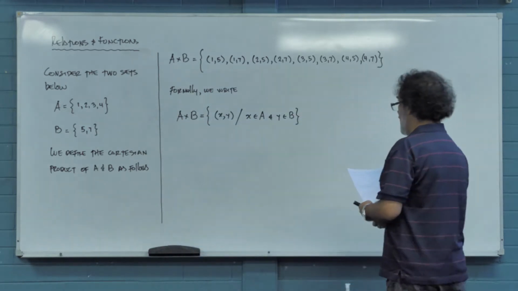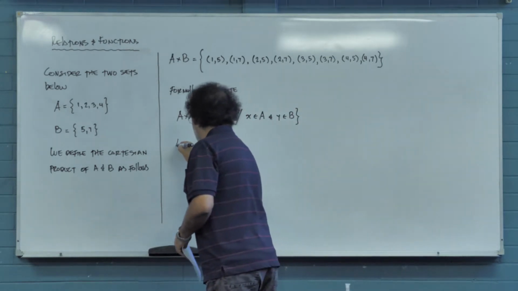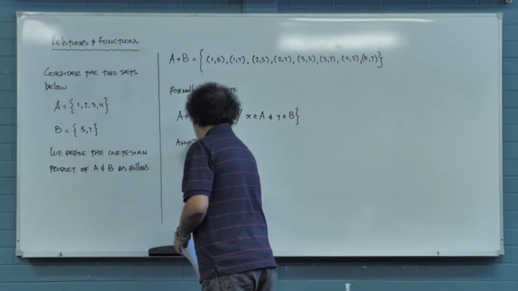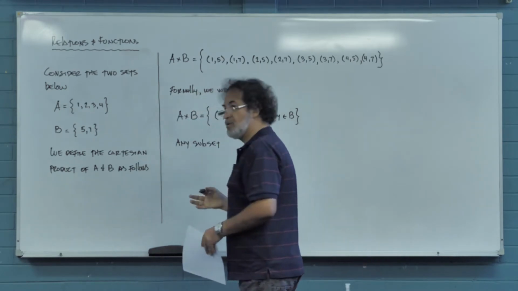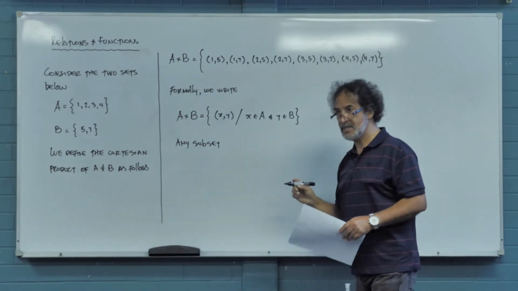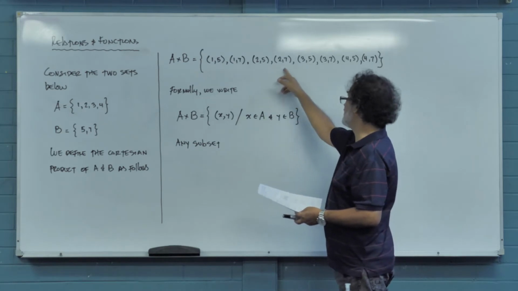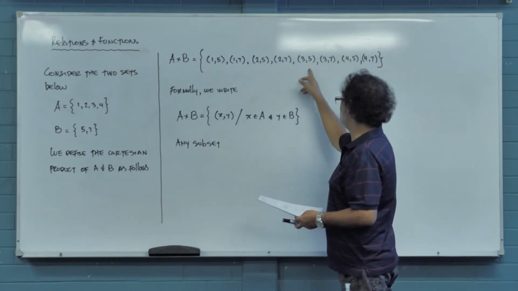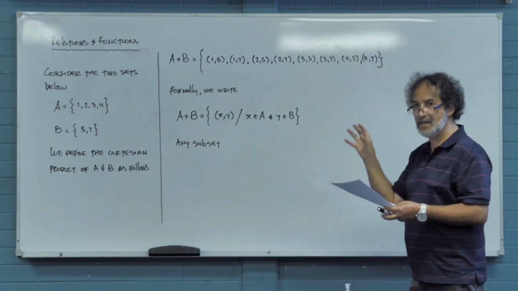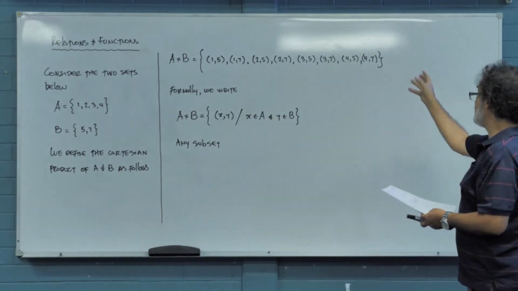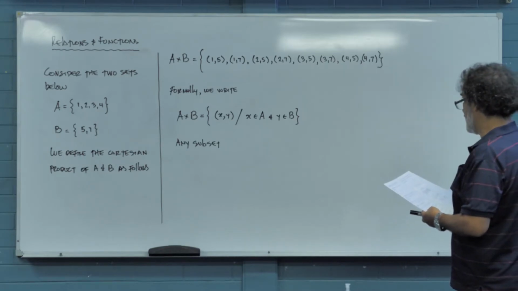And then we're going to say any subset. Do you know what we mean by a subset? Yes, some of them, not all of them. You can have this together with that one, or you can have this, this, and this, or that one with that one or that one. So any element or elements from there will make up a subset.